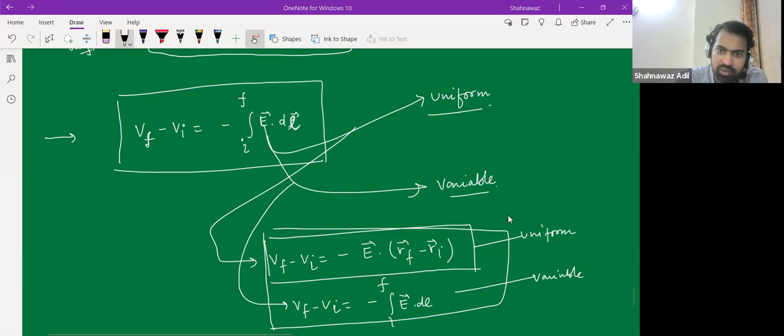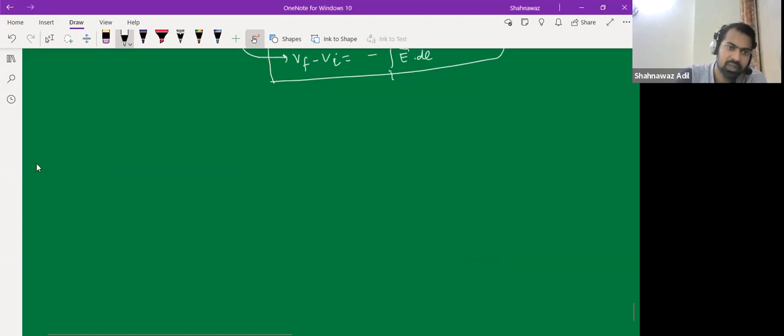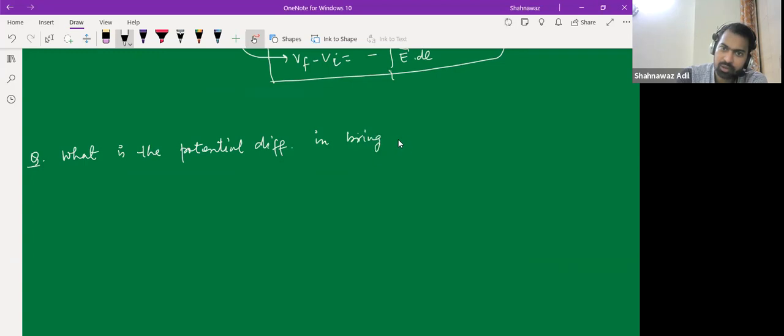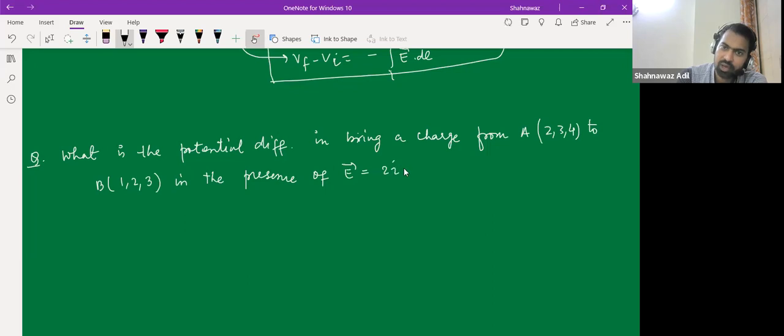Now let us do some question based on this. The question is: what is the potential difference in bringing a charge from A, which is (2, 3, 4), to B, which is (1, 2, 3), in the presence of an electric field which is 2I plus 4J plus 3K?